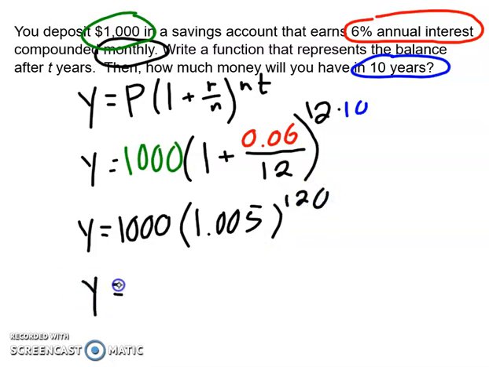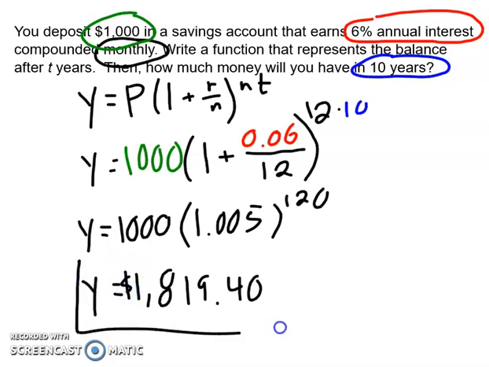Remember how we plug it in: 1,000 parenthesis 1.005 close parenthesis caret 120, and we get a whopping total of $1,819.40. So that's how much money we will now have. We earned $819.40 here.